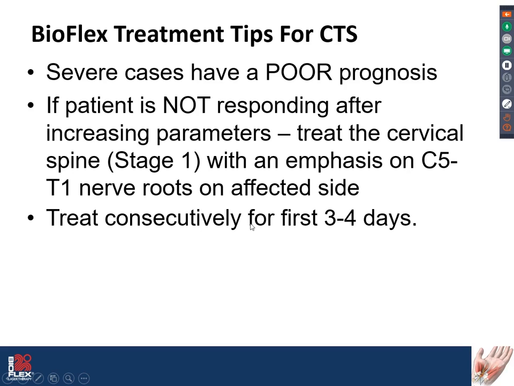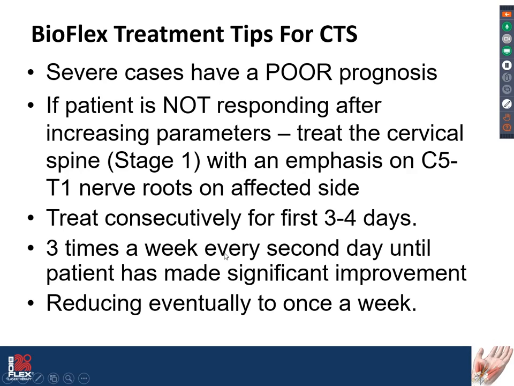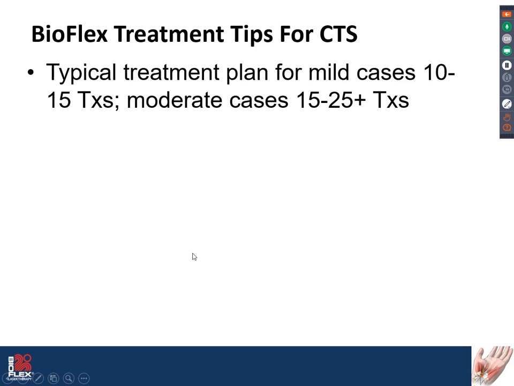In carpal tunnel syndrome, I usually ask you guys to treat at least 3 or 4 days in a row if possible, and then go into treating 2 to 3 times a week until they start to make some good improvement. And then you can eventually make it down to once a week. The typical treatment plan for mild cases is about 10 to 15, probably upwards of 20.